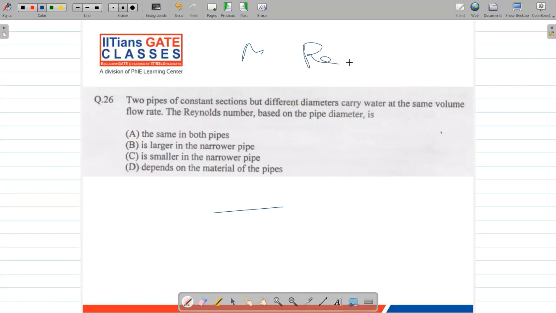So yeah, Reynolds number of pipe with diameter D divided by Reynolds number of pipe with diameter D prime is nothing but, which we saw, D prime by D.